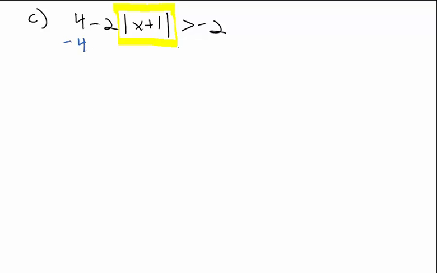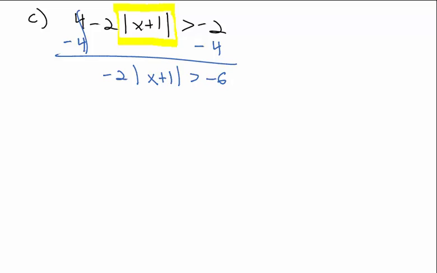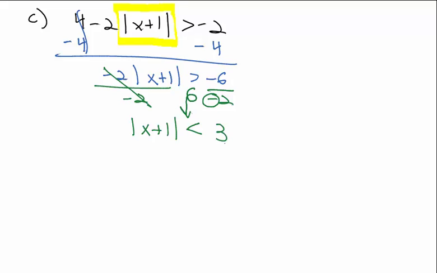We can get it alone by subtracting 4 from both sides, giving us negative 2 times the absolute value of x plus 1 is greater than negative 6. Then we can divide both sides by negative 2 to get rid of that 2 in front, giving us the absolute value of x plus 1 is less than, remember when we divide by a negative, the inequality flips over, 3.